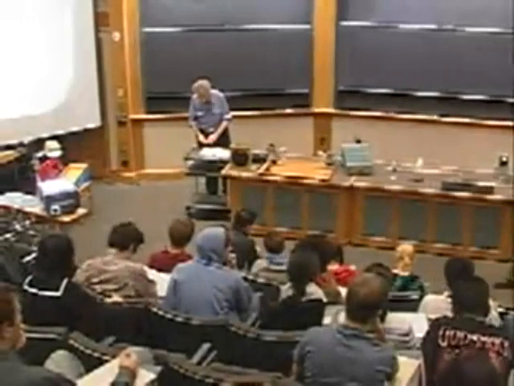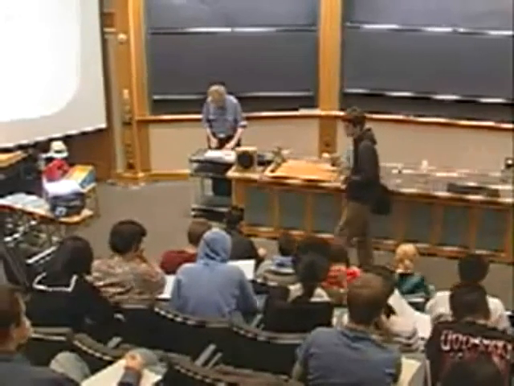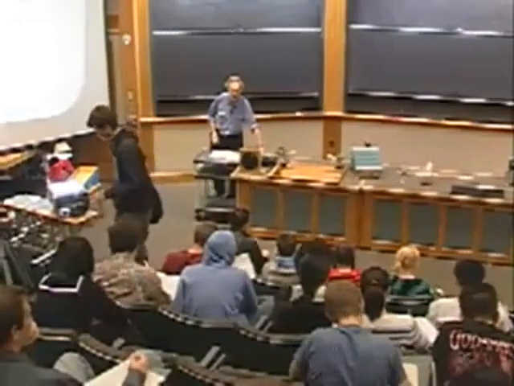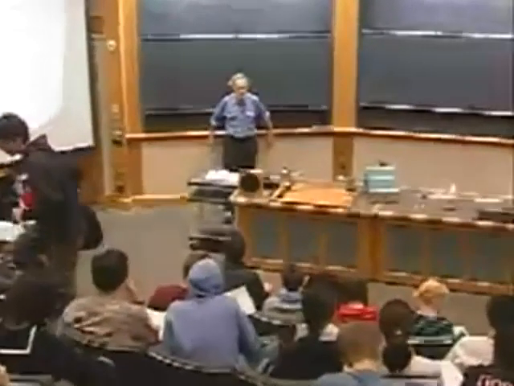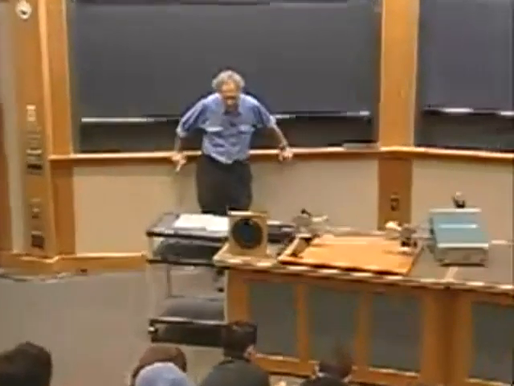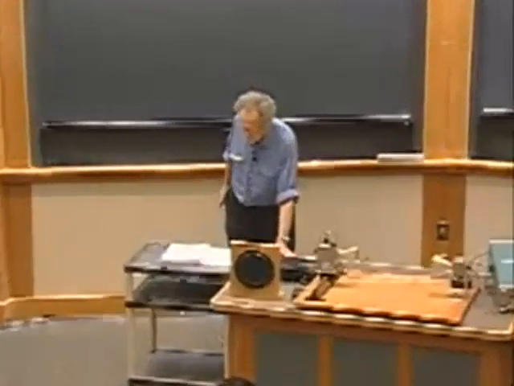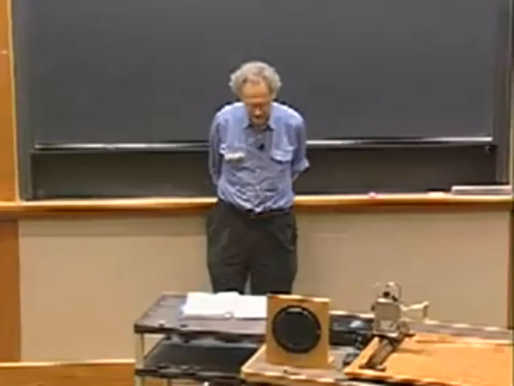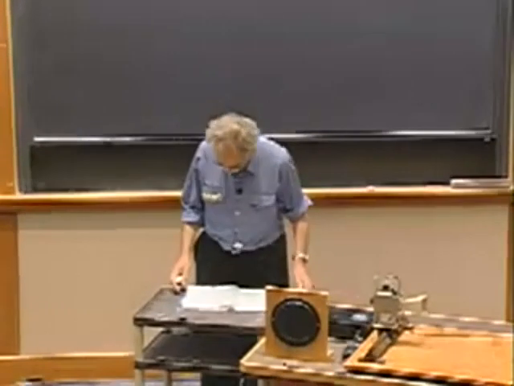Today's lecture is going to be about electromagnetic radiation, which is one of the highlights in 803 and one of the great victories of 19th century physics. So far we dealt with mechanical waves and sound waves, but today we're going to enter the domain of electromagnetic waves.